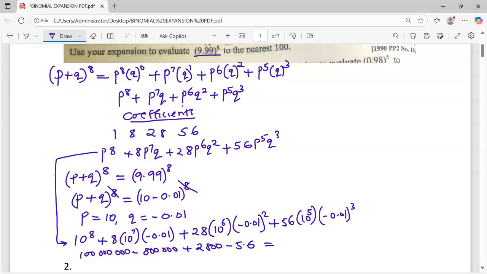And this is going to be equivalent to 99,202,794.4, which is going to be 99,202,794 to the nearest 100, closer to 800, and that is the answer to this particular question. That is to the nearest 100.